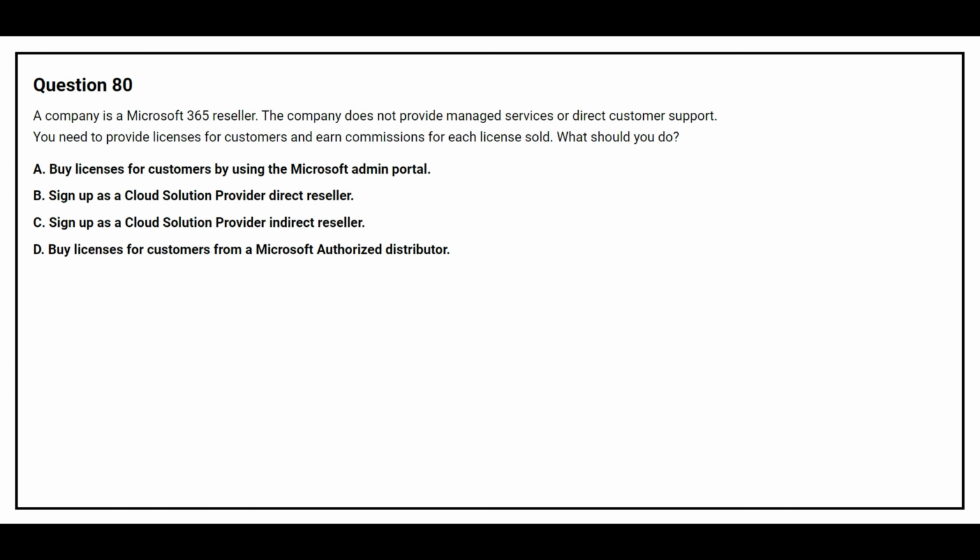Option B, sign up as a cloud solution provider direct reseller. Option C, sign up as a cloud solution provider indirect reseller. Option D, buy licenses for customer from a Microsoft authorized distributor. The correct answer is Option D, buy licenses for customers from a Microsoft authorized distributor.